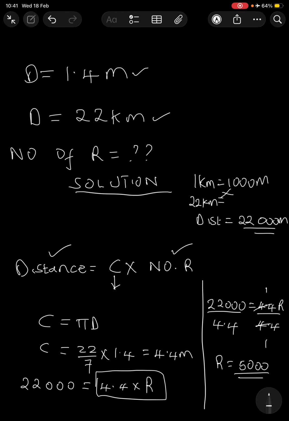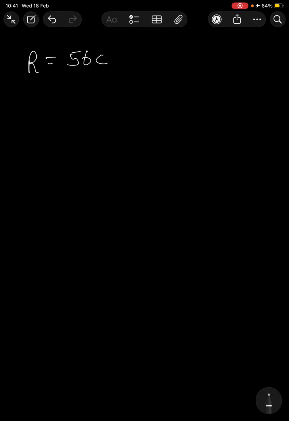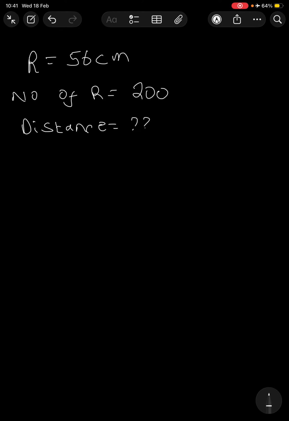Another example, we have our radius, which is 56 centimeters, and the number of revolutions is equal to 200. And now the question is work out the distance.